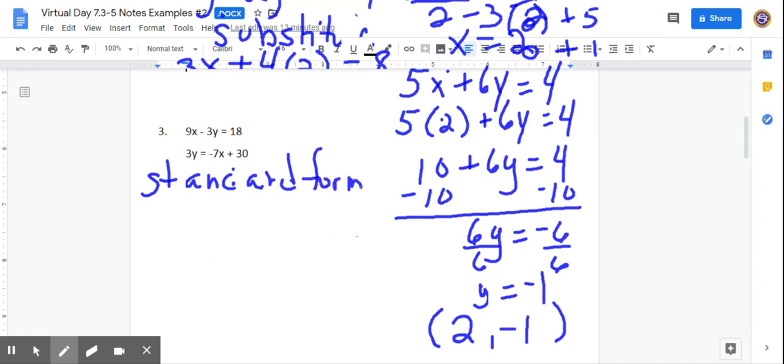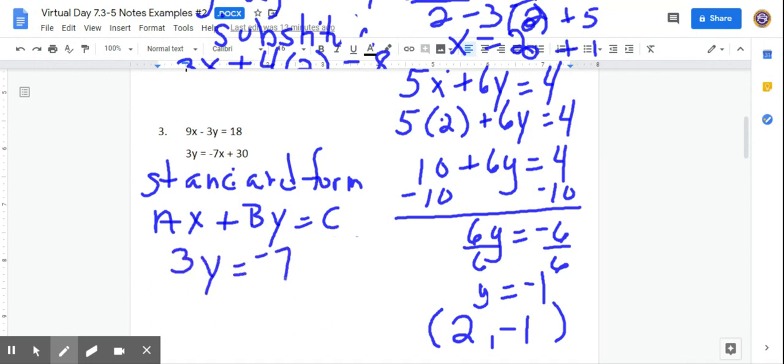What's standard form? Remember, ax plus by equals c. You want the x and the y on the same side. So if you have 3y equals negative 7x plus 30, then you're going to add 7x to both sides.